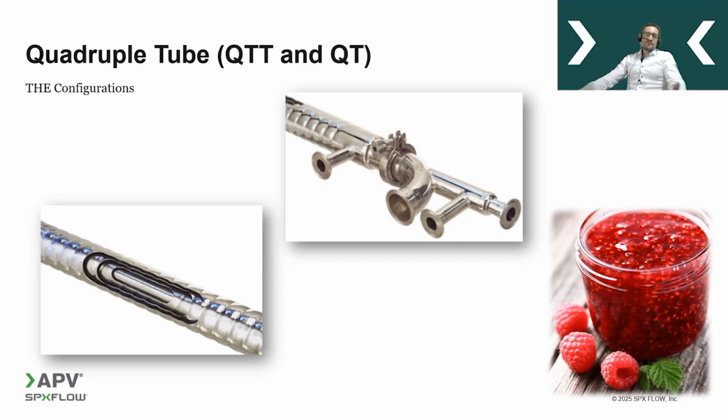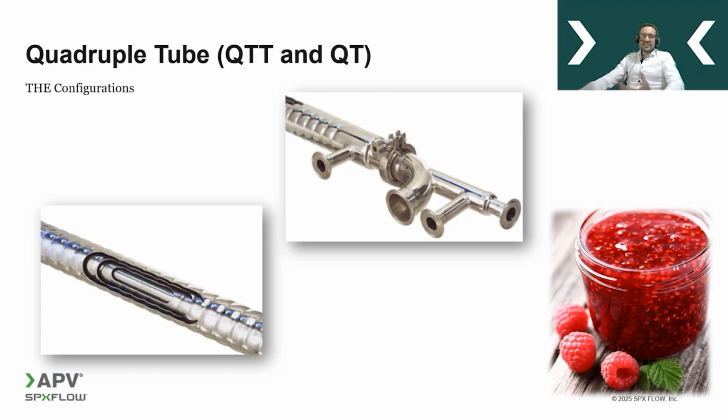So the key difference would be in the product channel design, because in the quadruple tube, the product would be flowing through the annular gap, which is connecting between the different tubular heat exchangers through tangential bends.